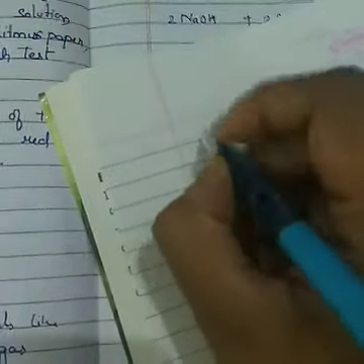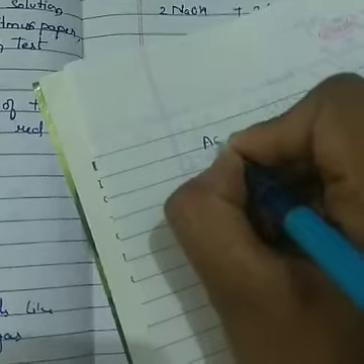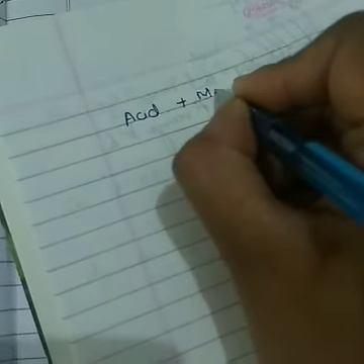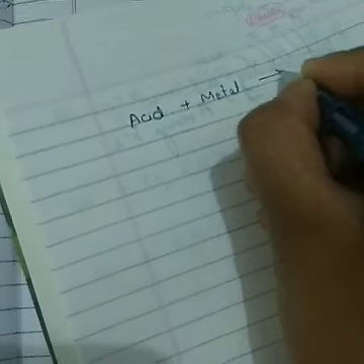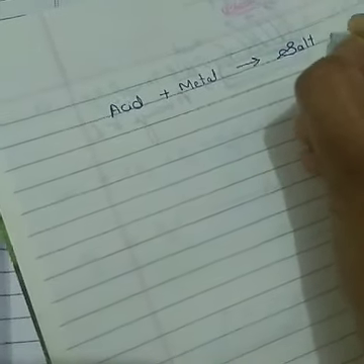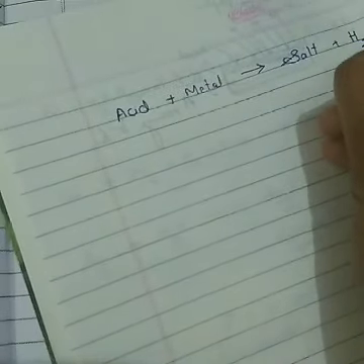First, we will write the basic equation. Reaction of acid with metal. What does it form? It forms salt plus hydrogen gas.